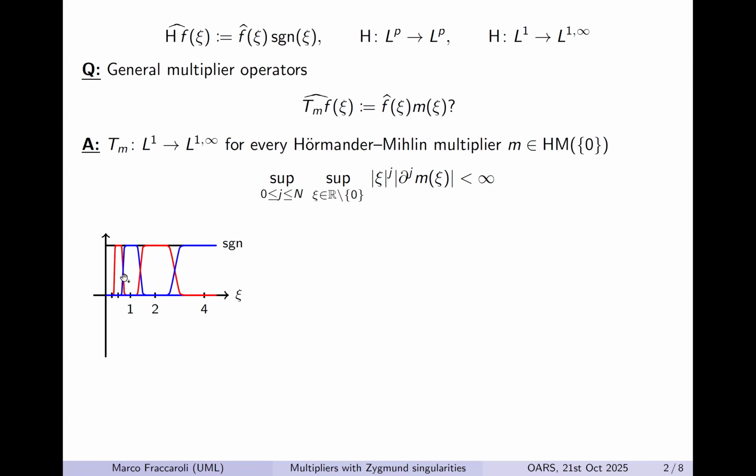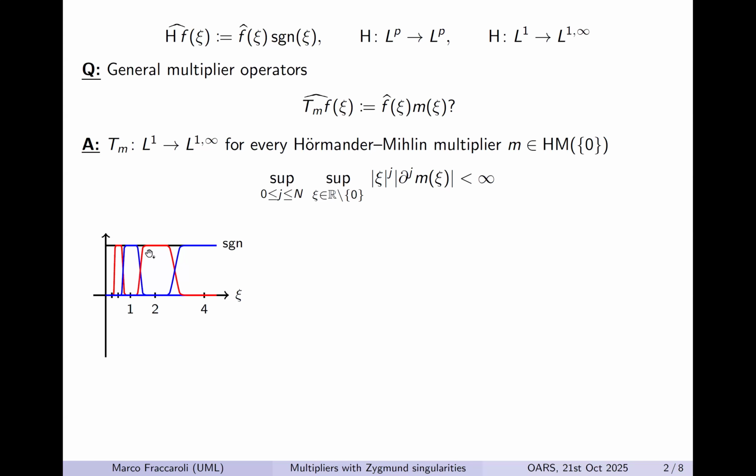And you see that the further away these smooth bumps are from the origin, the less steep they are. This red one close to the origin is very steep. This blue one is less steep. This property is the one that is encapsulated into the Hörmander-Mihlin multiplier condition.